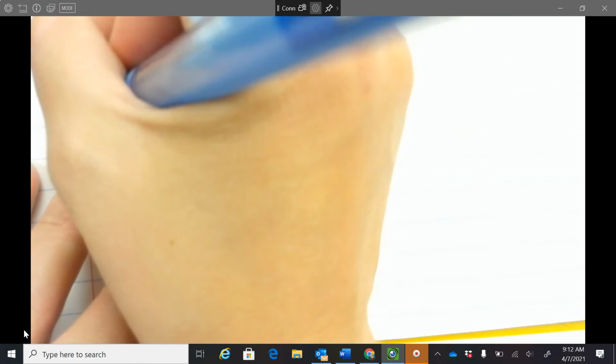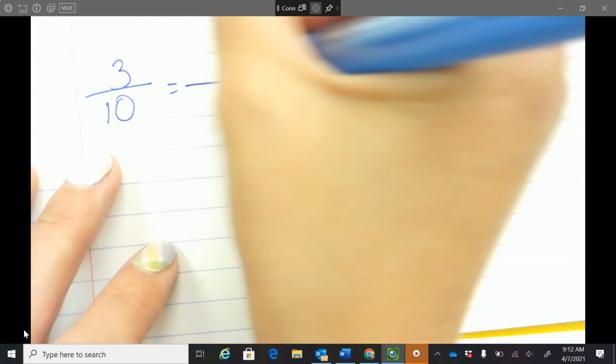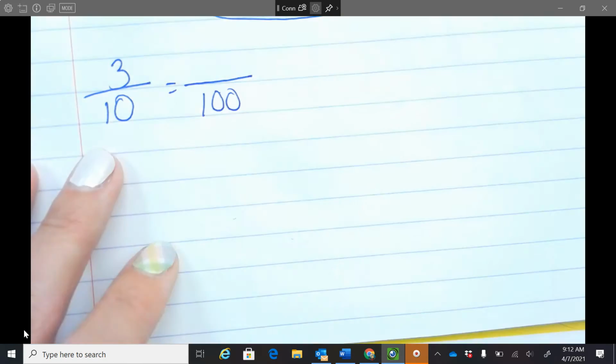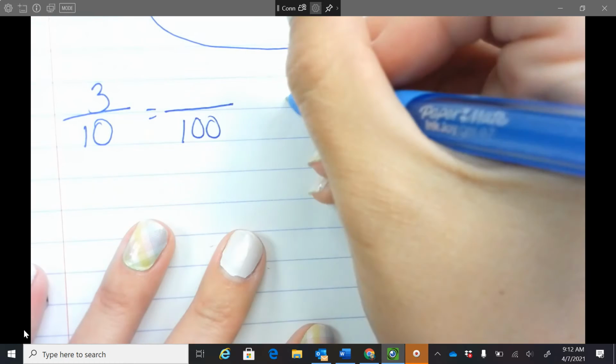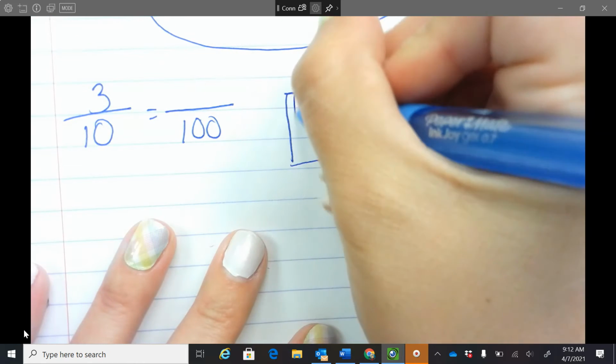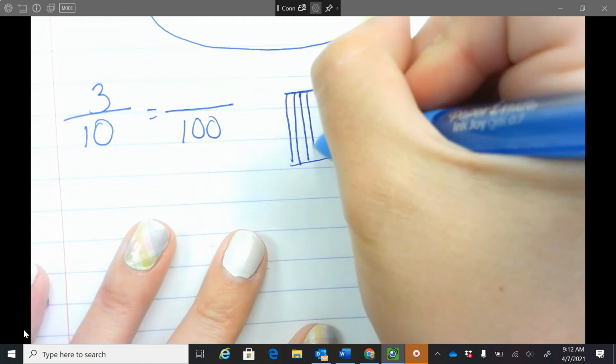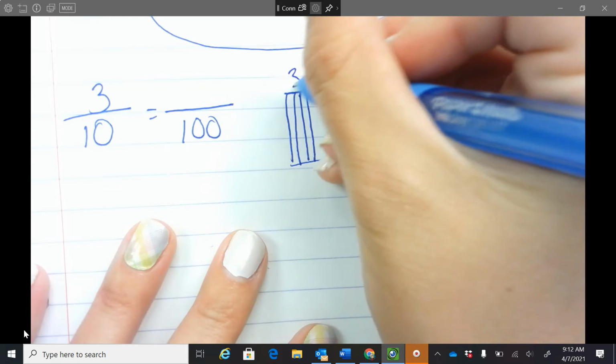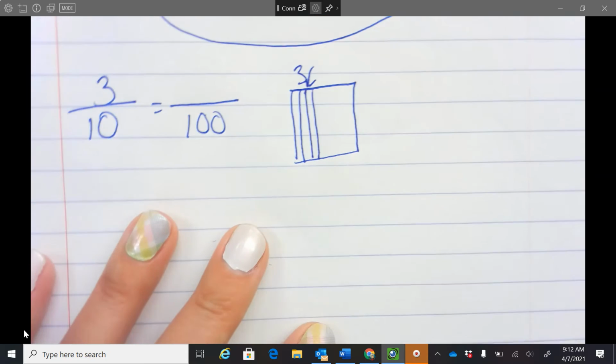Let's do another. If I have 3/10, how many hundredths is that? So if I have 3/10, how many hundredths is that?